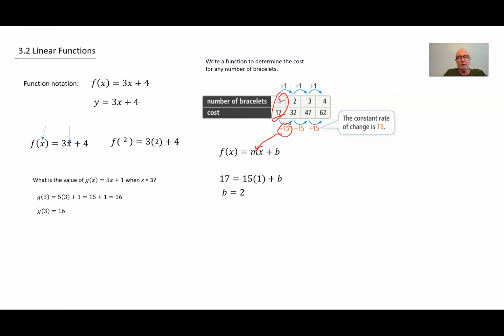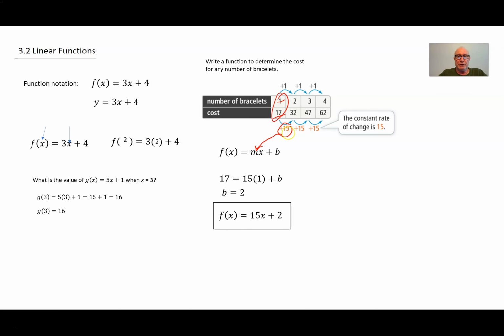So now we can rewrite our function. We have the m is the 15 and the b is the 2. So f of x equals 15x plus 2. So that's how we can write a function. There's our answer, f of x equals 15x plus 2.